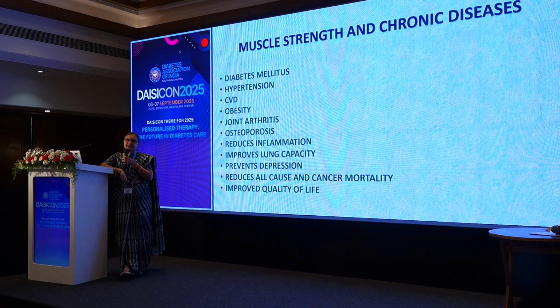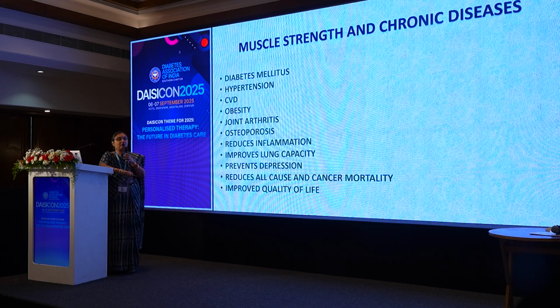We all know that skeletal muscle is the seat of postprandial glucose disposal. So skeletal muscle uptake is very important for control of postprandial hyperglycemia. So skeletal muscle is closely related with control of postprandial blood glucose levels. And then hypertension, physical activity, CVD.